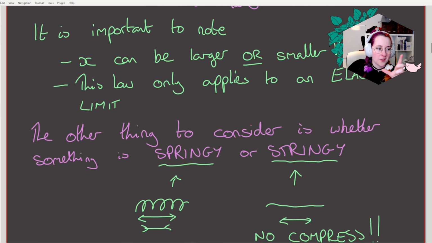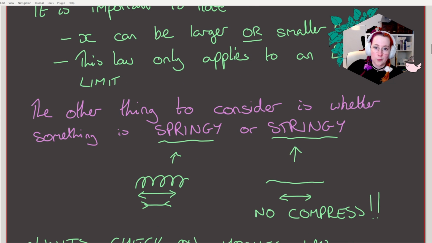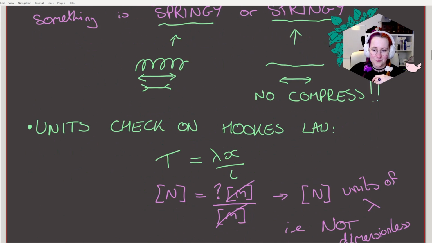If you are going to look at something that is being compressed, you need to use a springy type assumption rather than a stringy type assumption. With strings, you can't compress a rope, but you can compress a spring. So not only is that a tongue twister, it's also a nice distinction between two different problems.